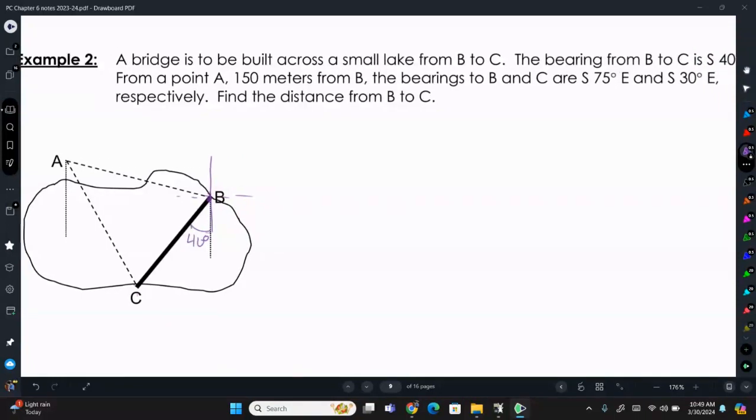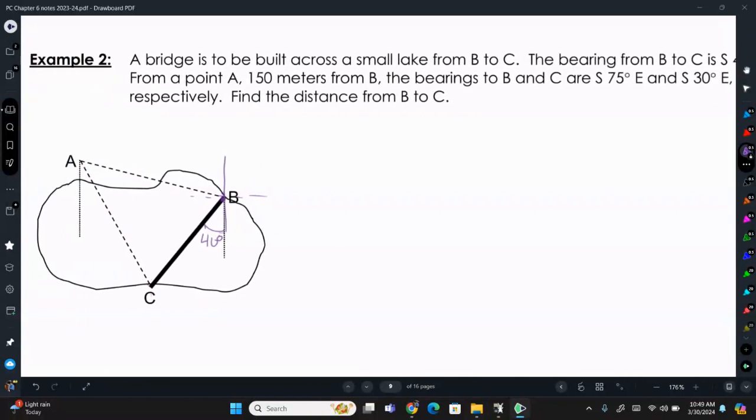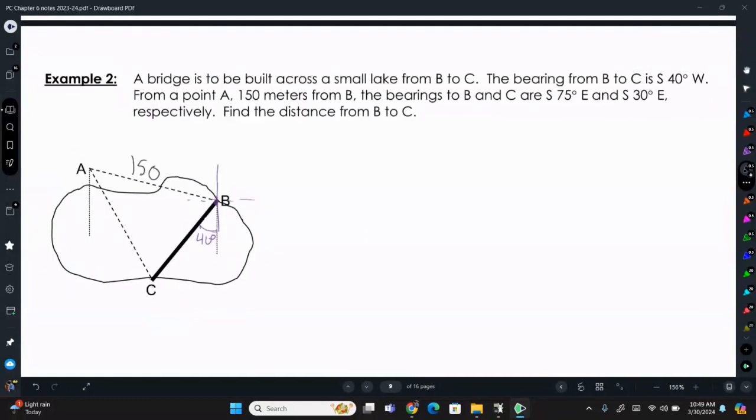Point A is 150 meters from point B. Okay, so that means this is 150. And then the bearings to B and C are south 75 degrees east and south 30 degrees east, respectively. Find the distance from B to C.